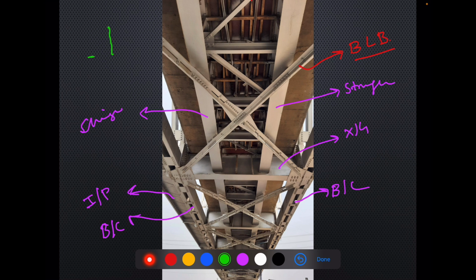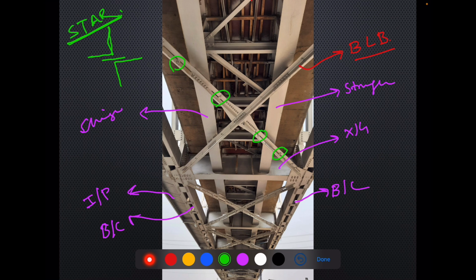Star is something like this, one angle, another angle, and in between, time to time we provide a plate, a small plate provided over here as you can see. So this makes the built-up section of BLB, bottom lateral bracing, and the section we make is called a star section. One angle, another angle connected with the help of plate.